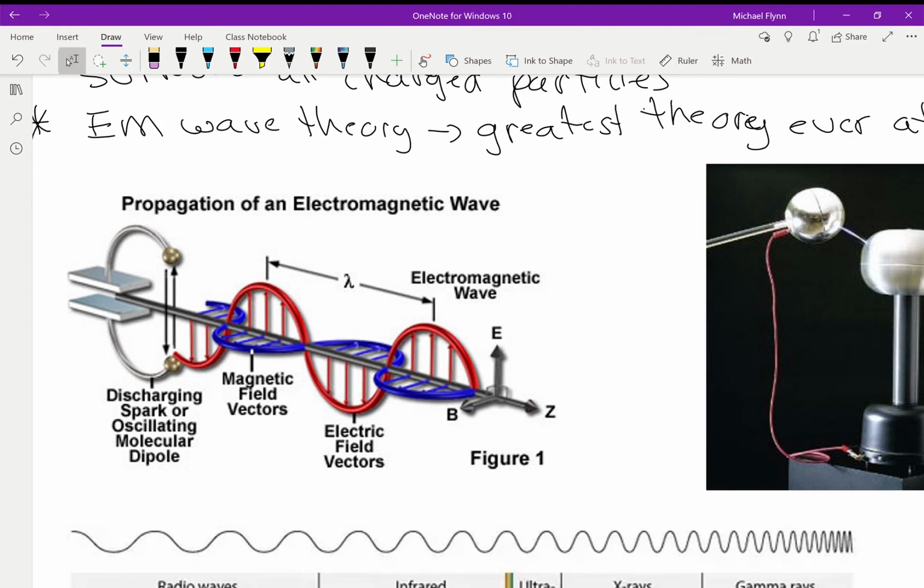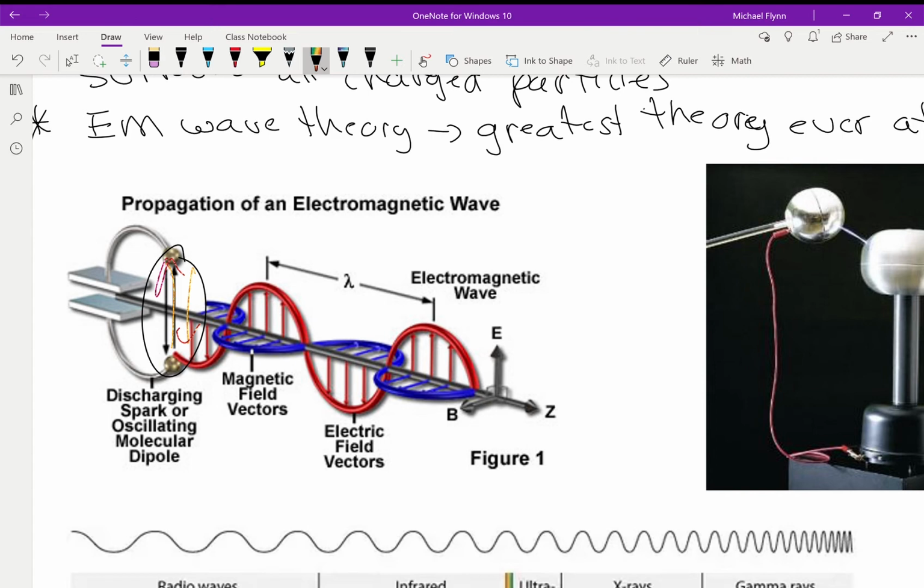So propagation of an electromagnetic wave. So this is how we visualize it sometimes. So here is a spark, something here where the charge is accelerating up and down. Okay, I'll just highlight it. So here's a charge going up, here's a charge coming down, like the demonstration I showed you. And then here we see the red electric field changing, and the blue is a magnetic induced field that also comes along with this disturbance.